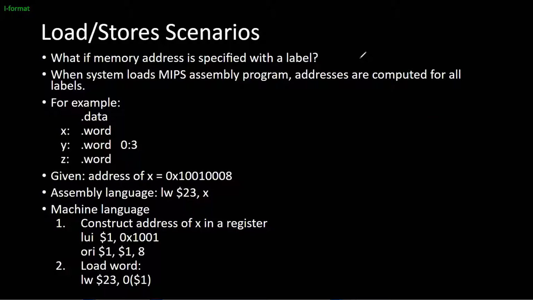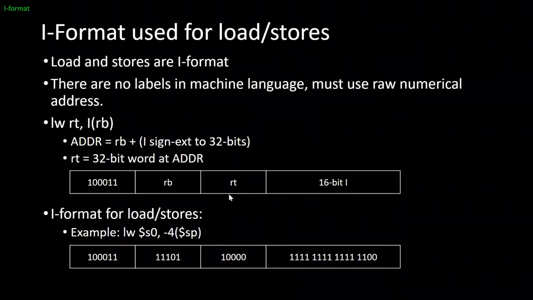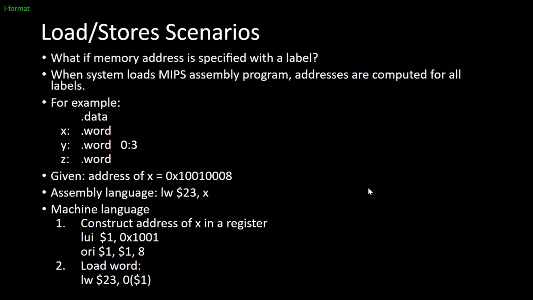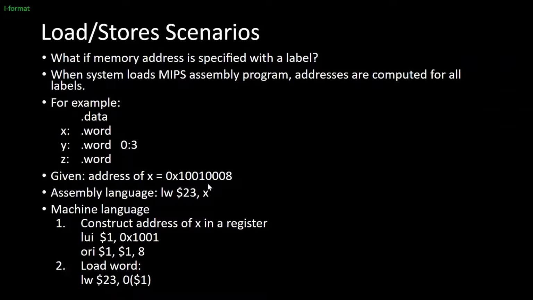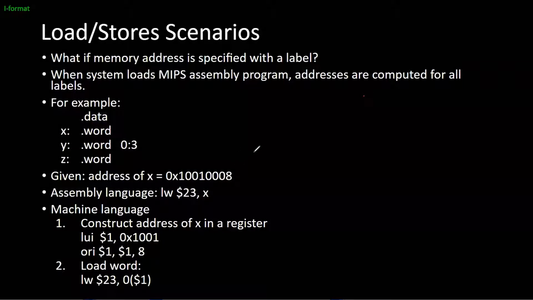So it falls into the same category of what we saw here. That means that we cannot really directly use this. We cannot save that 32-bit address into a 16-bit position that we have. So what we can do is we have to construct that address.